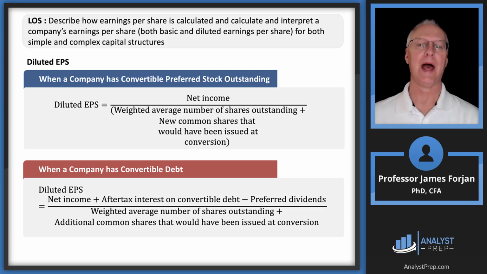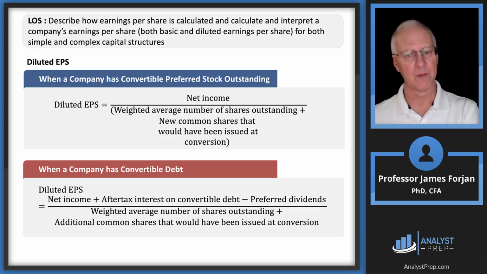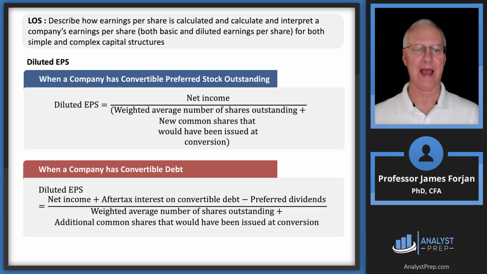Now, when a company has a convertible fixed income security, the calculation is very similar, but there's a couple of subtle differences here. We're going to start with net income, but we're going to subtract out the preferred dividends, of course, but then we're going to add in the tax subsidy. So notice what we have in the middle there, the after-tax interest on convertible debt, because we get to deduct any of those coupon payments or those interest payments on the income statement.